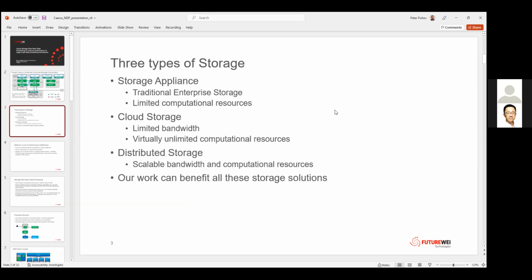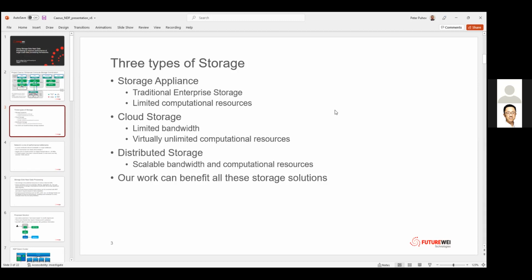You just buy an equipment, and you can think of it as a box. It has some limited connectivity, so it may only have that many physical connection ports, and it has limited computational capabilities because this box has only that many CPUs.